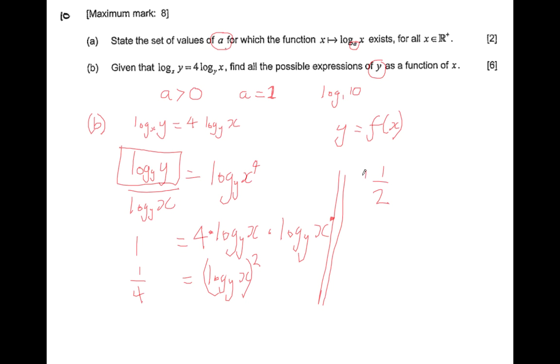Now we'll consider both the positive and the negative. And so now we've got log to the base y of x equals -1/2. So that will yield y to the -1/2 equals x.